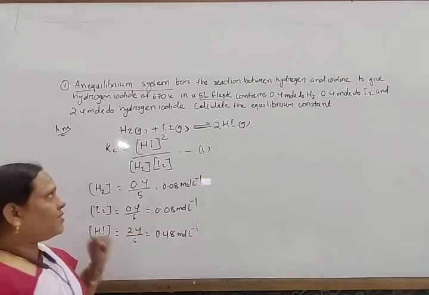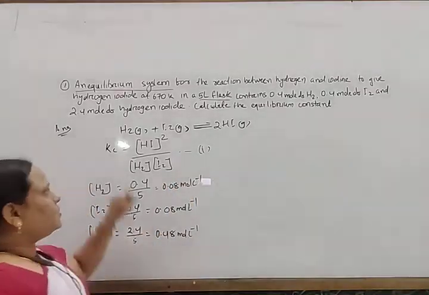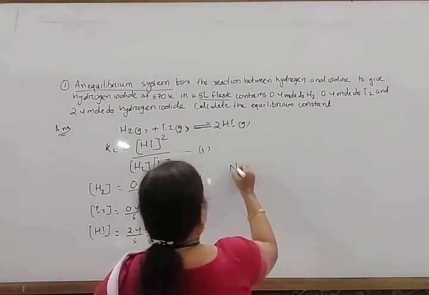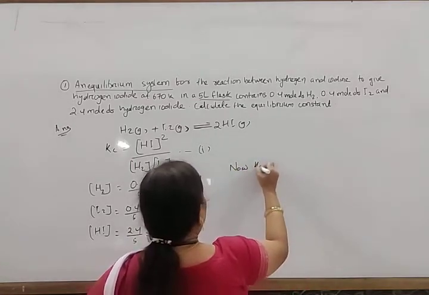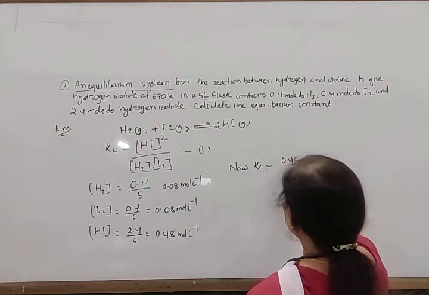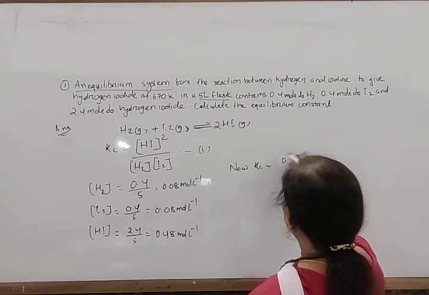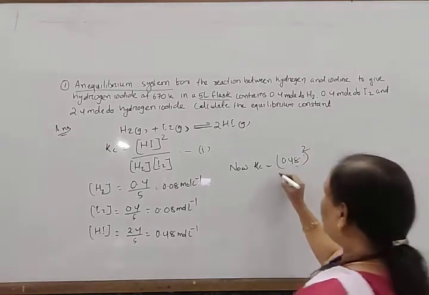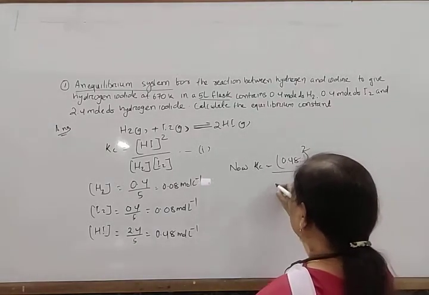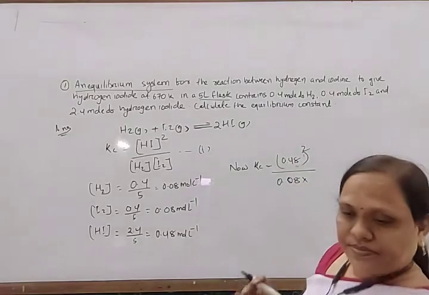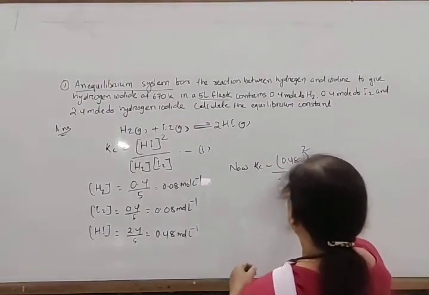So these values are given. Then substituting these values in equation 1, Kc is equal to HI, 0.48, no need to write the square bracket here, 0.48 squared divided by 0.08 into 0.08.